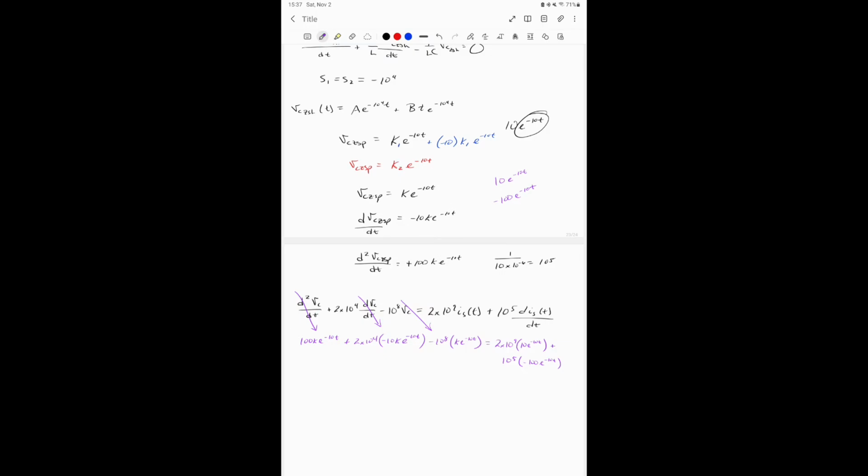And so now we're going to combine like terms. We have a lot of e to the negative 10t's, and as a matter of fact, every single thing in here has e to the negative 10t. So if we wanted to eliminate that in order to do our math, we can divide out. Essentially what I just did is divide everything by e to the negative 10t.